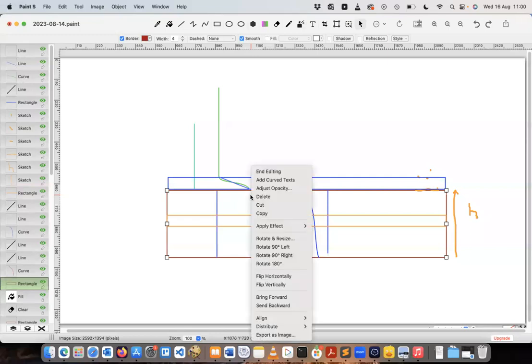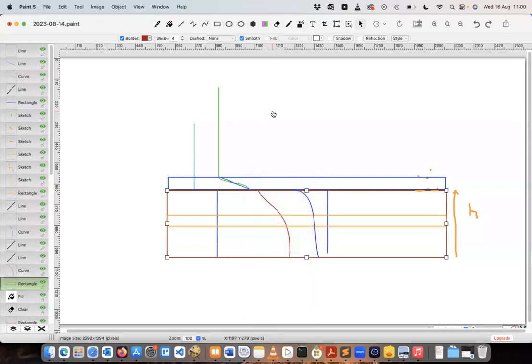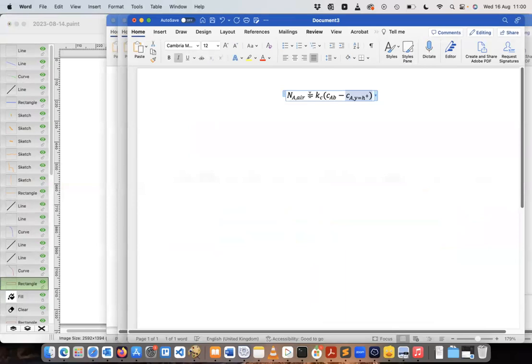And we've chosen to express the flux just above the surface using film theory, using this expression. So we could be a bit specific here and say this is, of course, at y equals h plus.